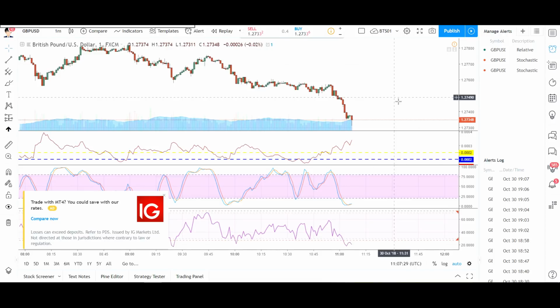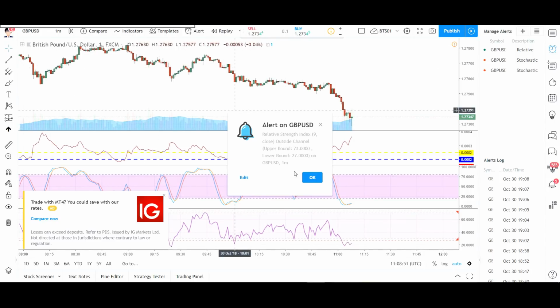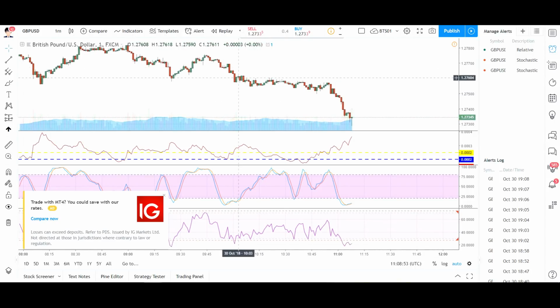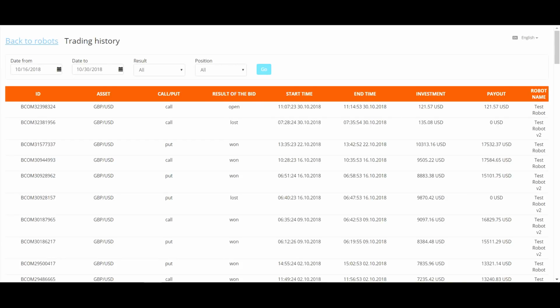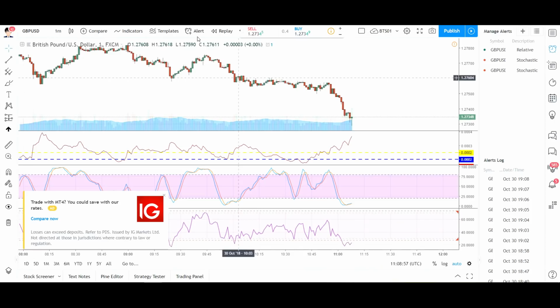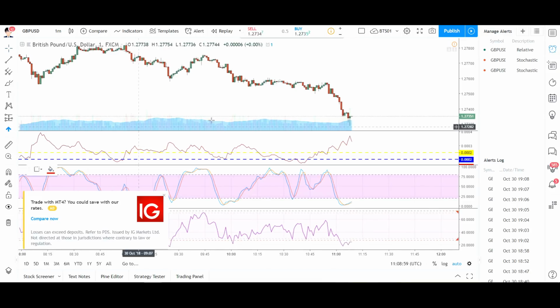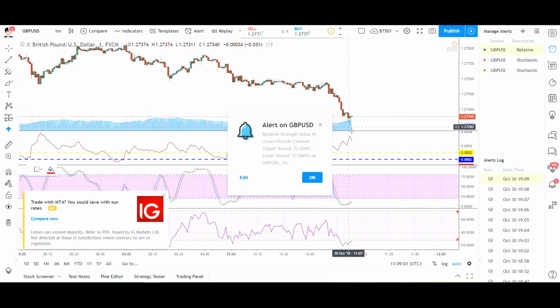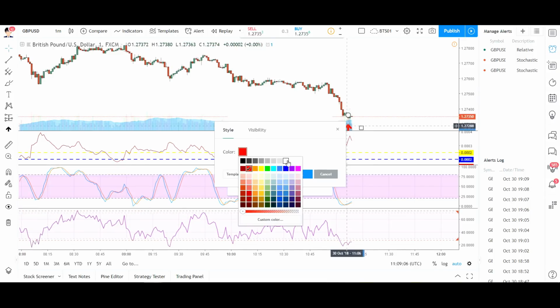so that is most likely a reversal, probably a reversal soon. Yeah, a call trade at 1107. Let me put an up arrow at the 1107 candlestick. I'm going to change the color.